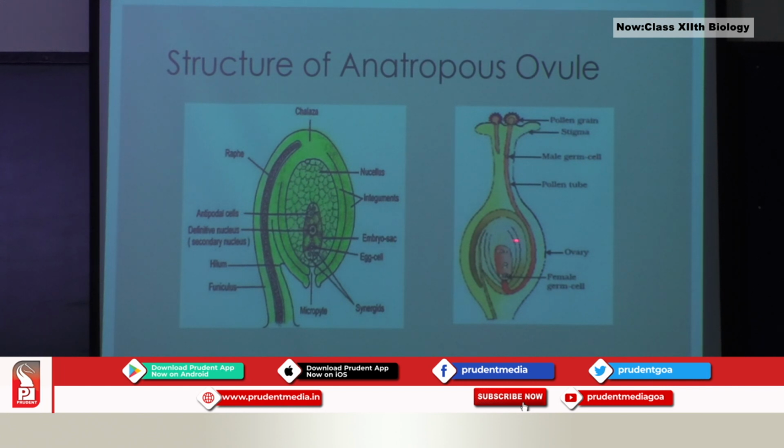So this is what you see inside the ovary, the anatropous ovule placed inside the ovary, and the anatropous ovule is connected to the inner wall of the ovary with the help of the funiculus, which is attached to the placental tissue of the ovary wall.